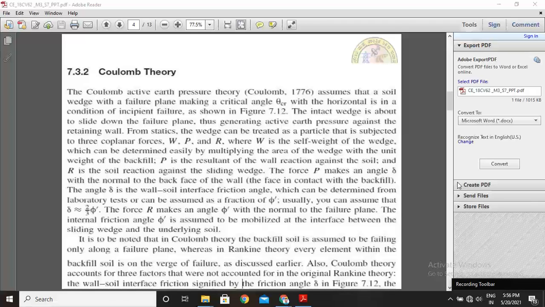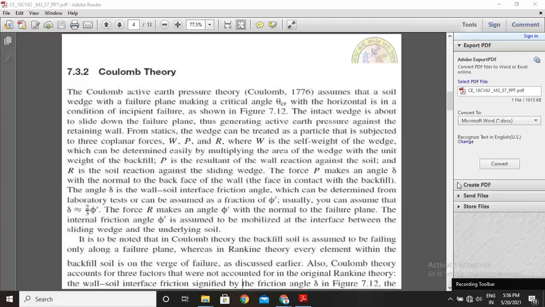From statics, the wedge can be treated as a particle that is subjected to three coplanar forces W, P and R, where W is the self weight of the wedge, which can be determined easily by multiplying the area of the wedge with the unit weight of the backfill.